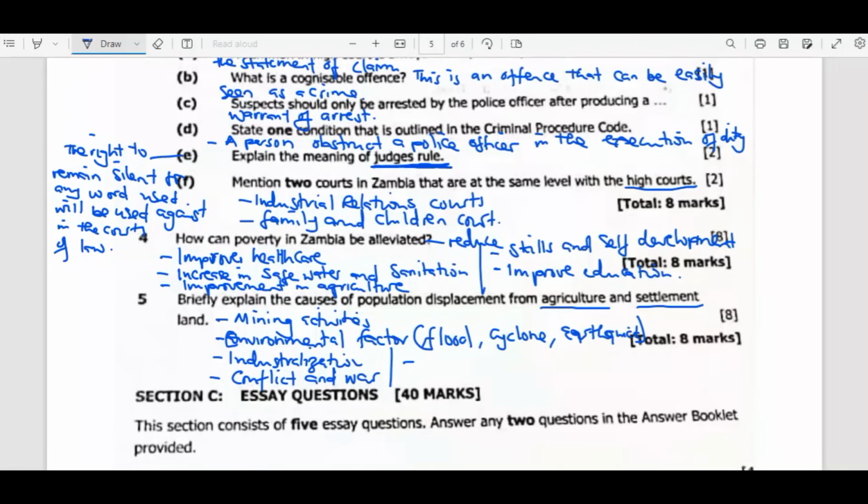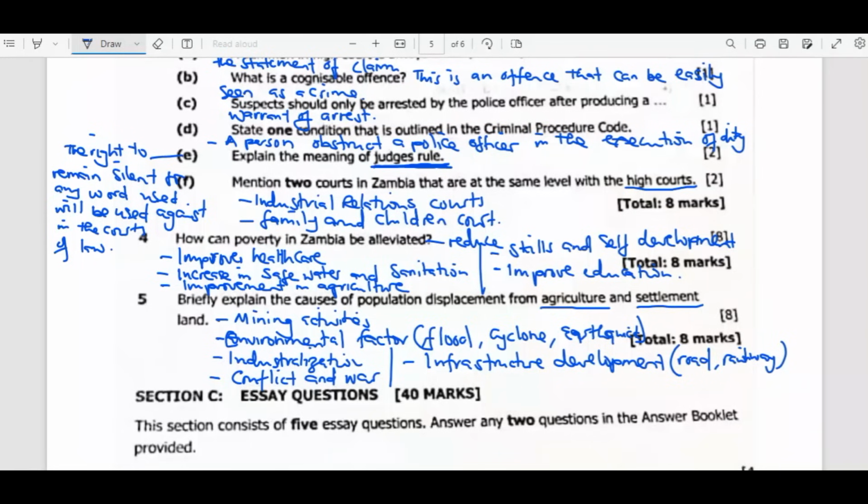The other one is infrastructure development. People may be moved from areas where the government wants to improve infrastructure. We can give examples of roads or railways, and if they want to construct bridges.